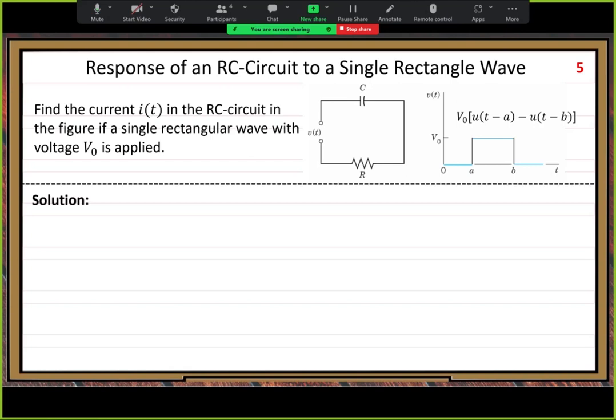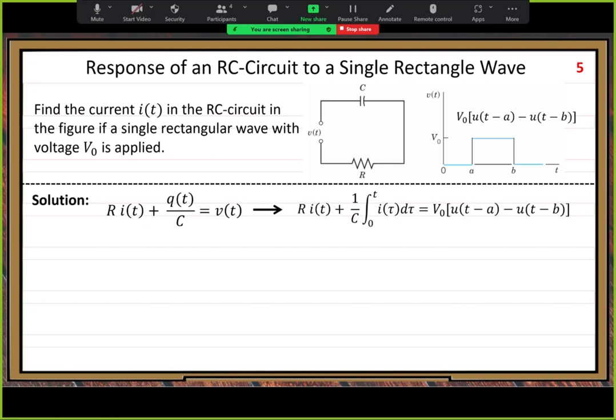ODE. Little i current function: R times i function plus little q, the amount of charge in this capacitor, over C, equals the voltage v. C is given.